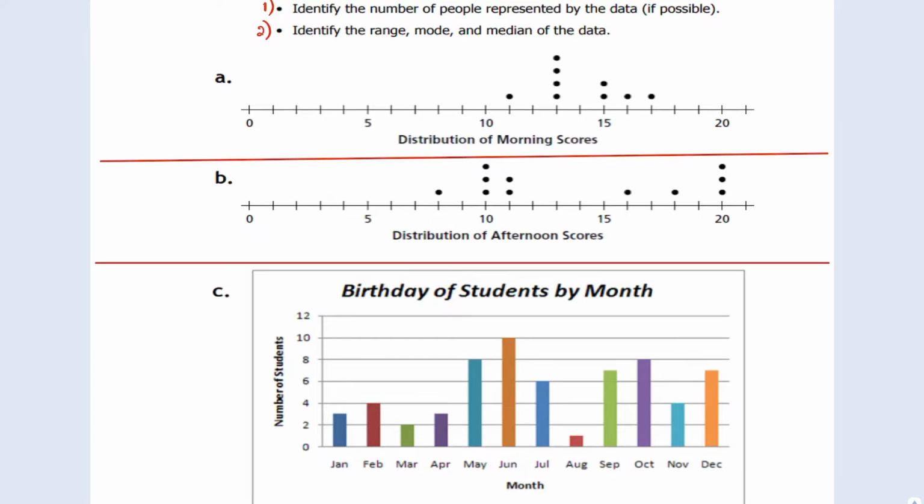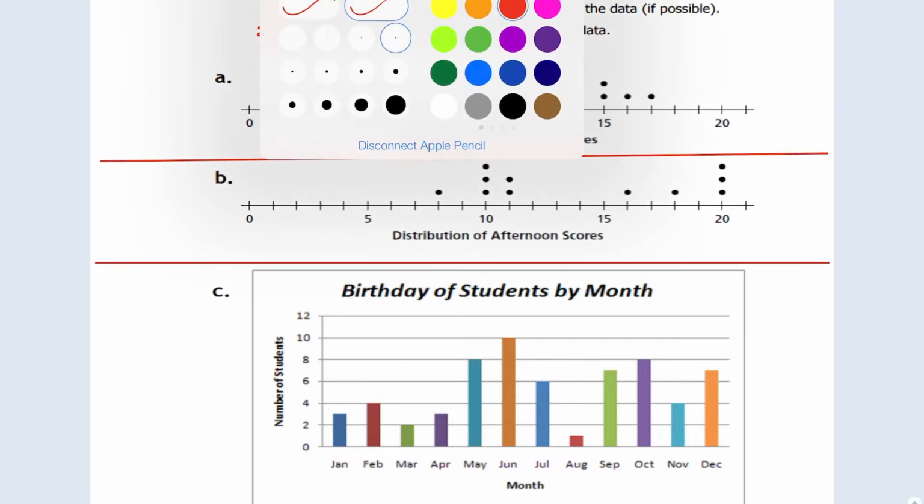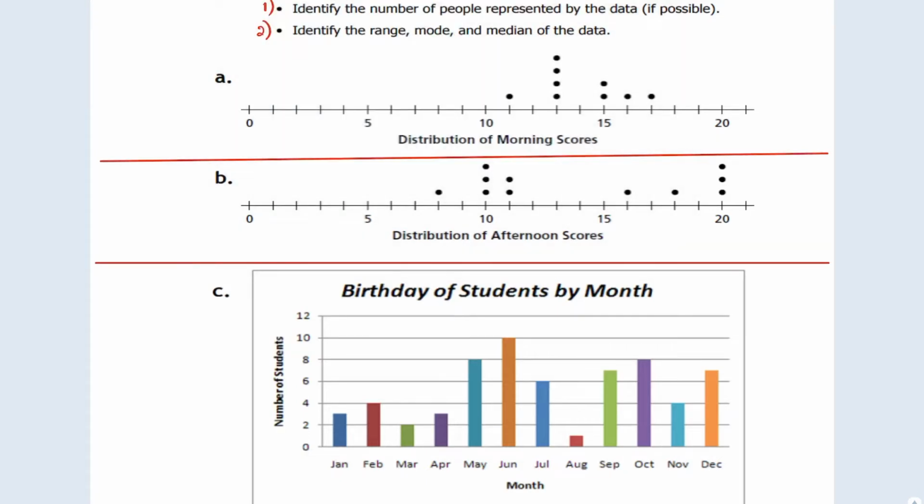Just to set you up for success, I'm going to make a list of the things that I need. The first thing I need to do is tell the number of people.